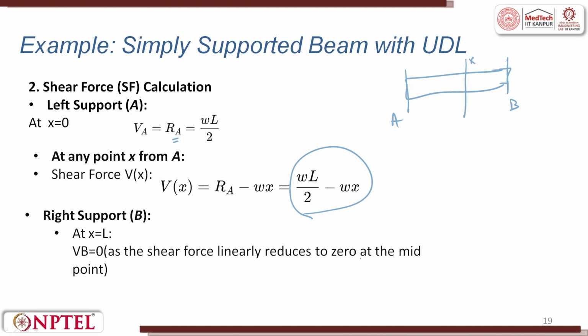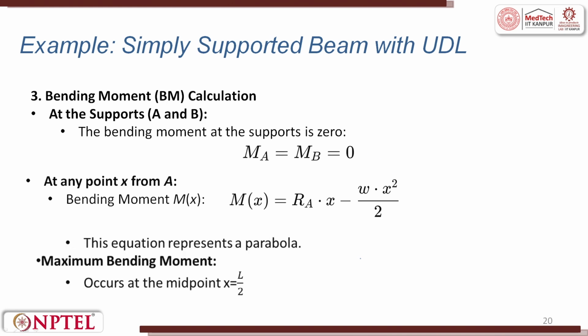Now, let us take the bending moment for the same beam, A, B. The bending moment at the supports, moment A and moment B, is 0. At any point x from A, it is RA into x minus W into x square by 2.